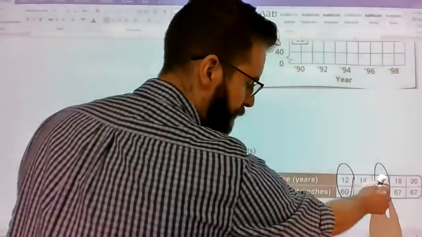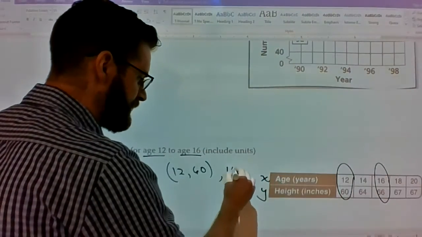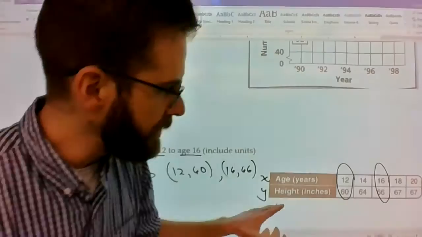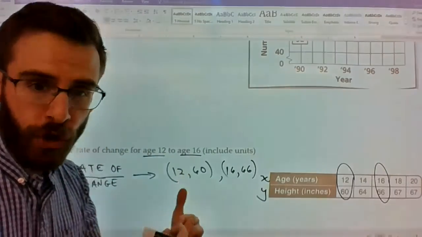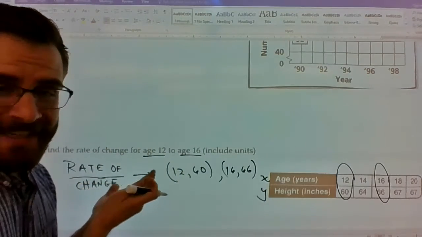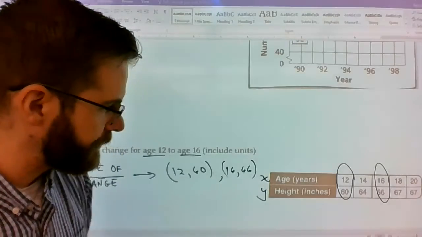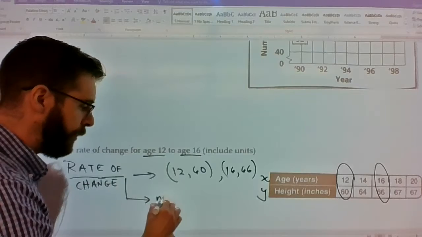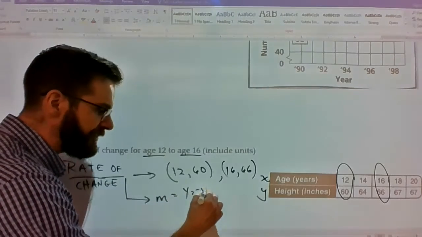We've got the other ordered pair as 16, 66. Okay, so if you ever get a table of values, you can always turn your data points into ordered pairs, which makes the slope formula very easy to work with.